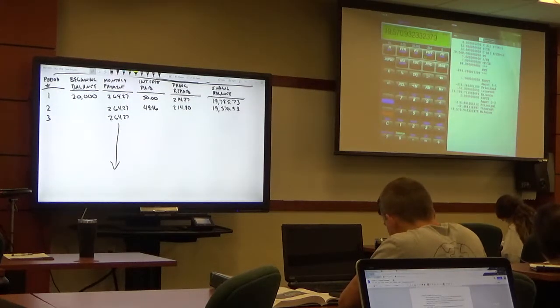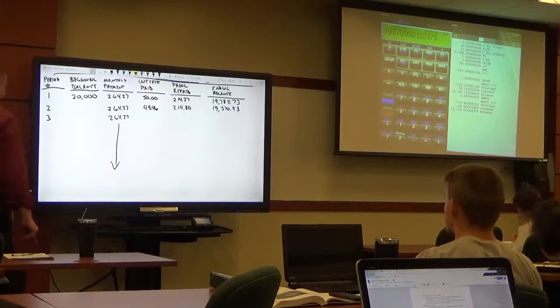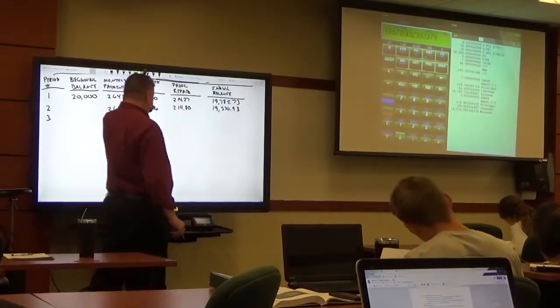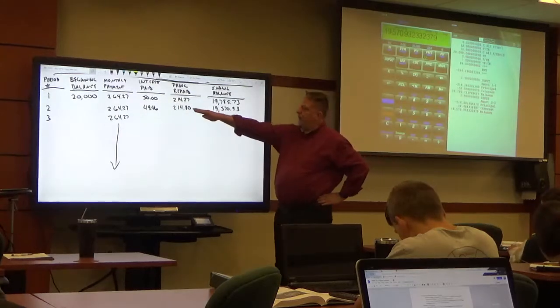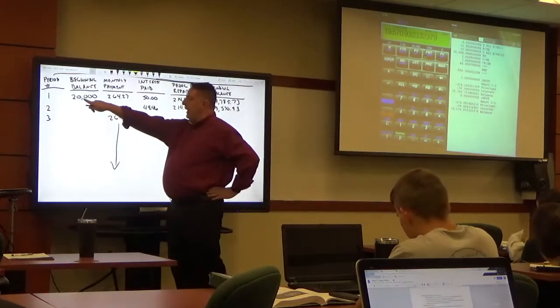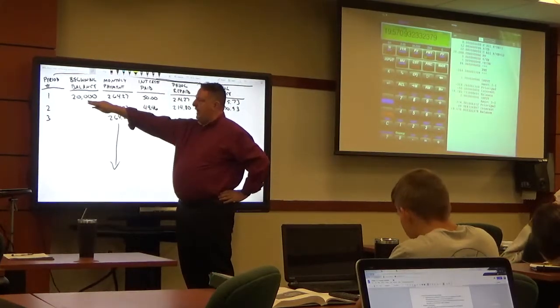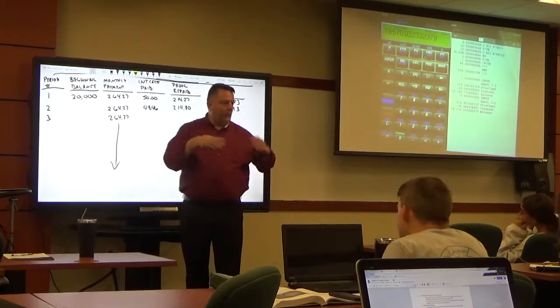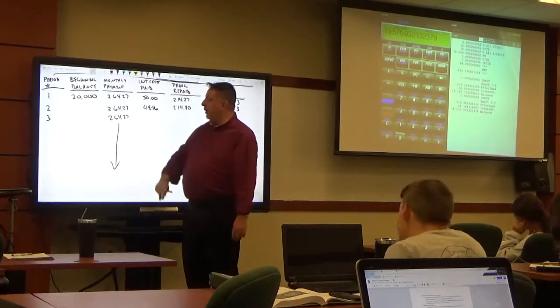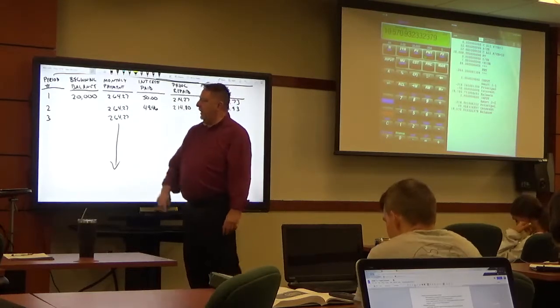Yes or no? Okay? Now, let me sort of explain a couple of things. All right. Everybody understands the beginning balance is how much do we owe at the beginning of that period. So at the beginning of month 1, or basically time period 0, we owe $20,000.